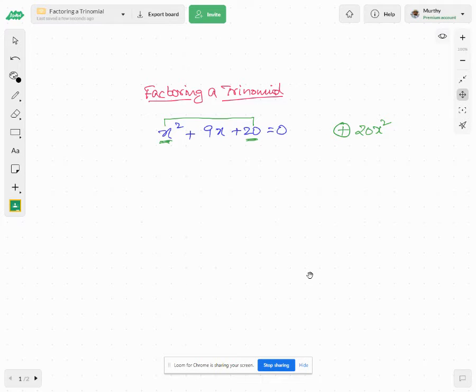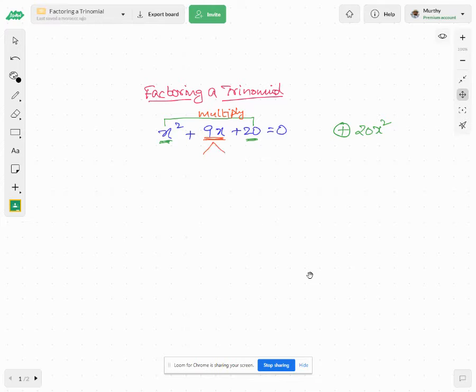So you have to multiply the first term with the last term, that gives me 20x square. Now you have to split the middle term in such a way that the sum is equal to the middle term and the product is equal to 20x square, that is the product of extremes.